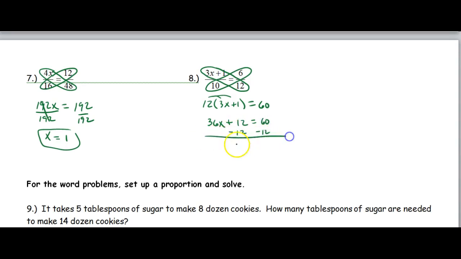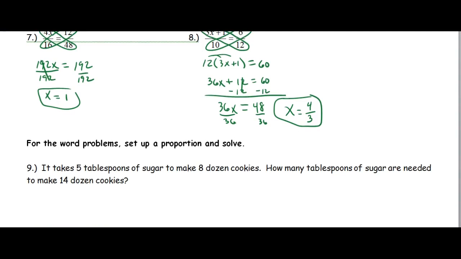Now, I can subtract 12. 36x is equal to 48. I divide by 36, and you get x equals, if I simplify this by dividing both 48 and 36 by 12, 48 divided by 12 is 4, 36 divided by 12 is 3. So in this proportion, x is equal to 4/3.